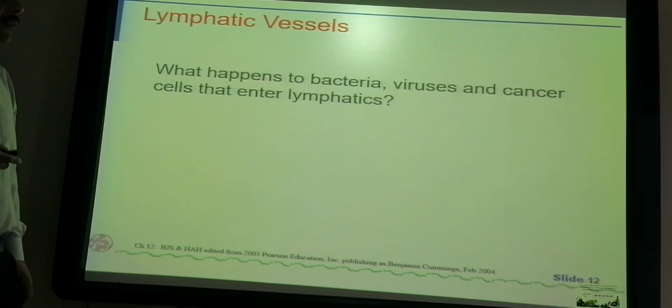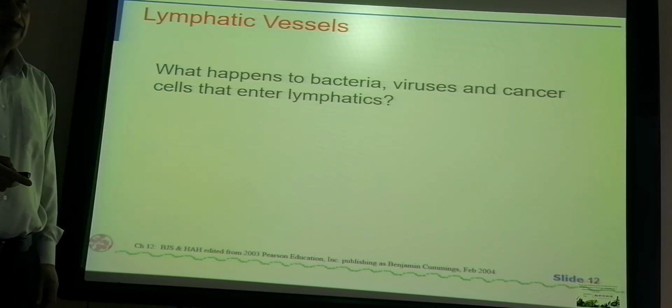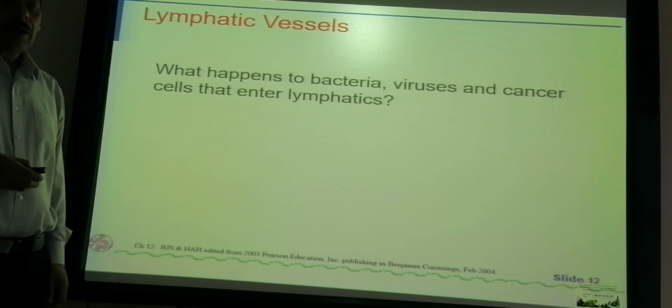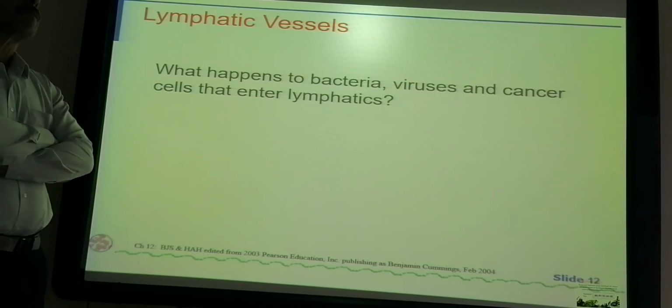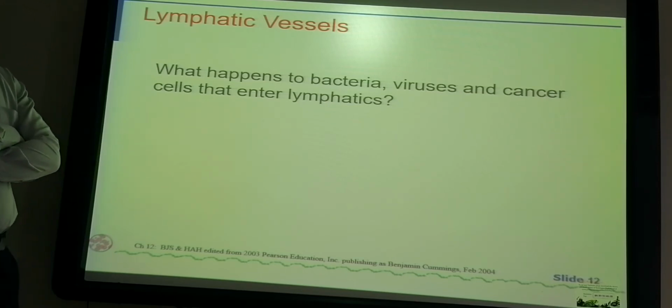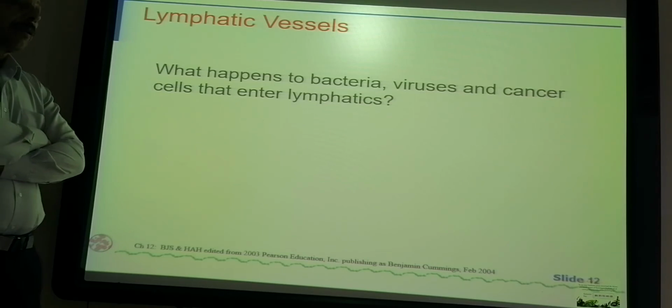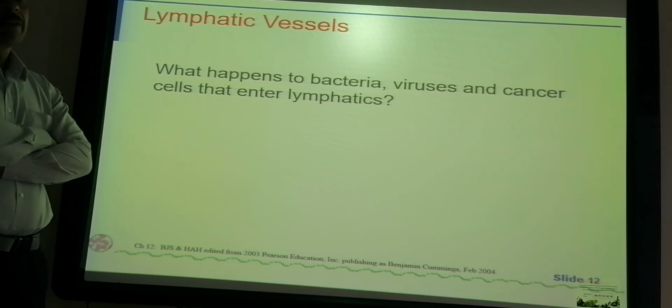What happens to bacteria and virus and cancer cells that enter the lymphatic system? We said that the permeability is high here. Lymphatic vessels can also permit the entrance of bacteria, protein, and large molecules.